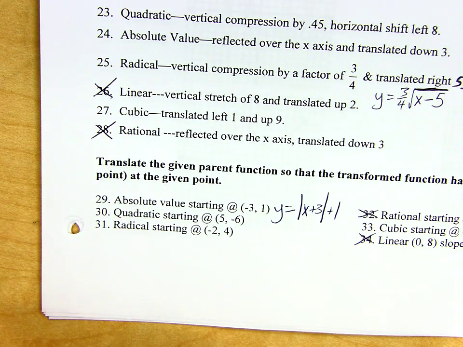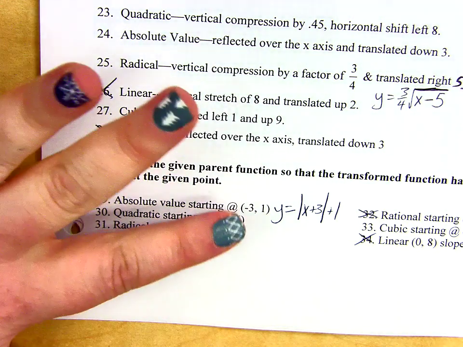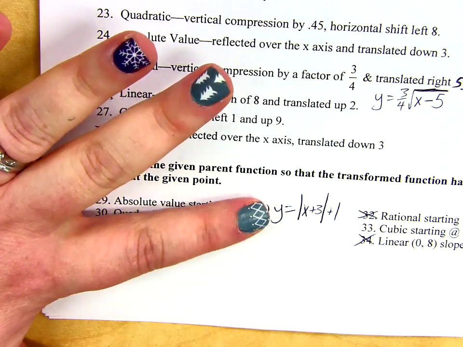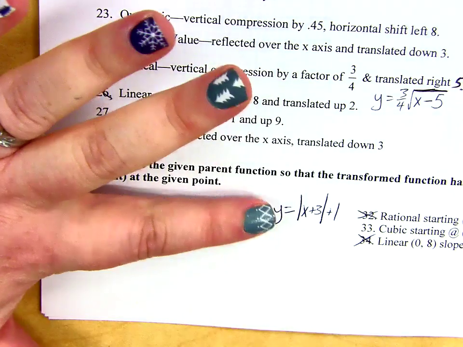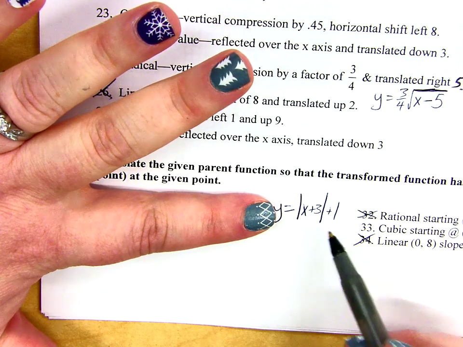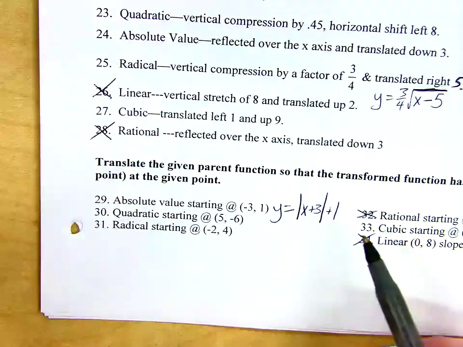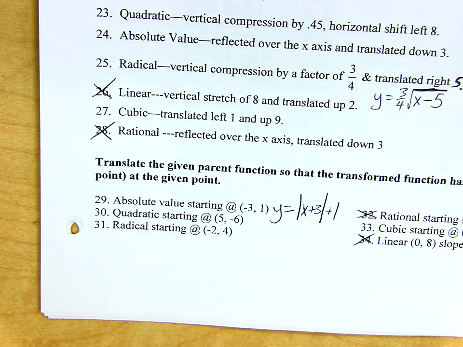Again, this is helpful if you write down what you think it is and then cover up the words and just look at your equation and say, okay, this equation would have its vertex at -3, 1. Oh yeah, it does. Did you write what I wrote?